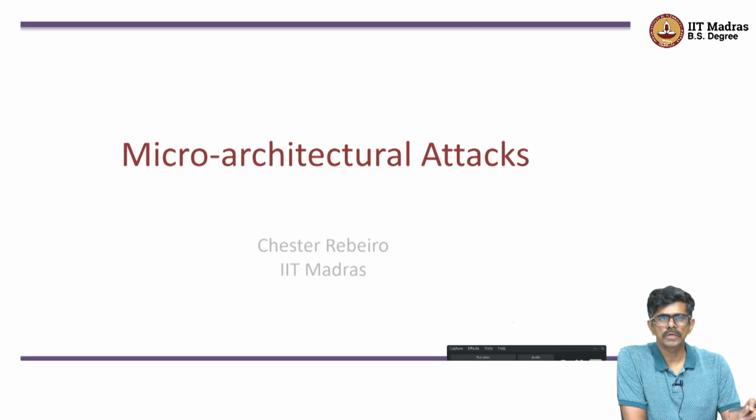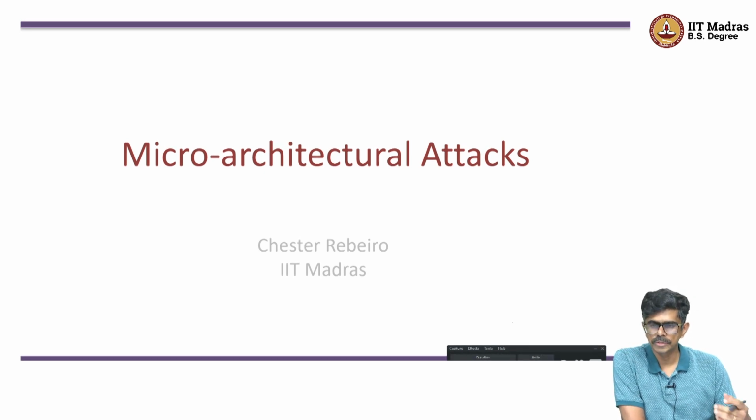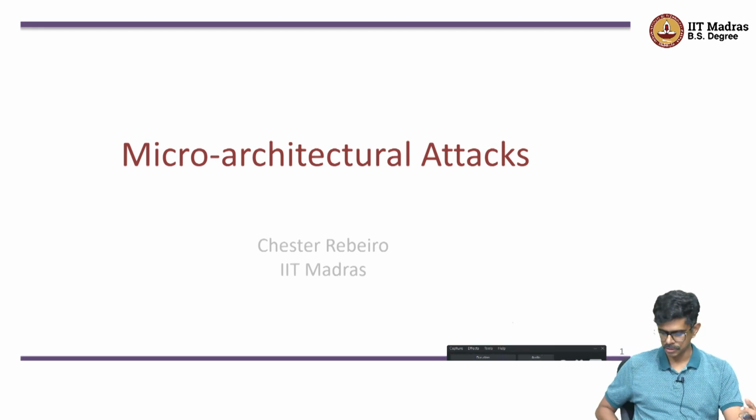Okay, so in this video, we look at another form of an attack known as microarchitectural attack, which essentially is able to bypass a lot of the operating system countermeasures or operating system security policies that are actually installed. Okay, so this class of attacks is known as microarchitectural attacks.